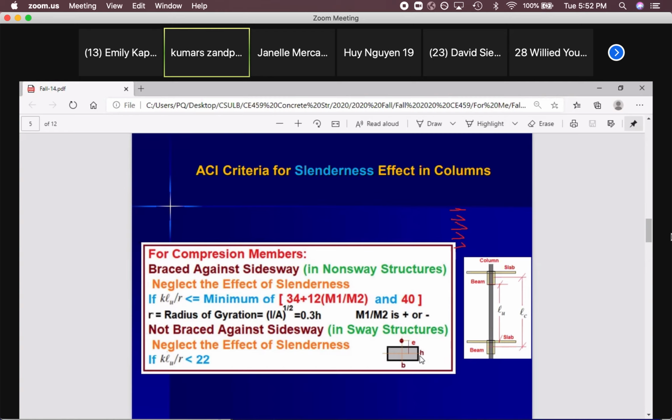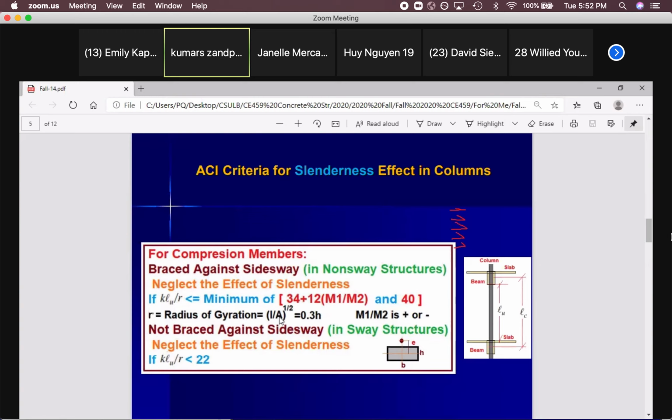As you can see, H is parallel to E, like in ACI, and B, the same as BH cubed divided by 12. Exactly the same. So calculate the radius of gyration.